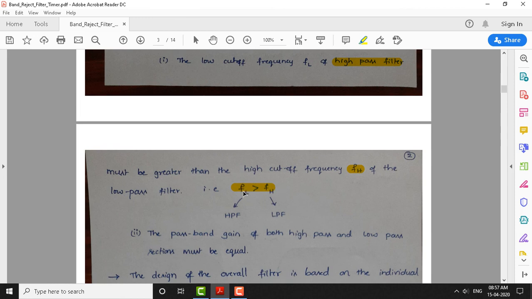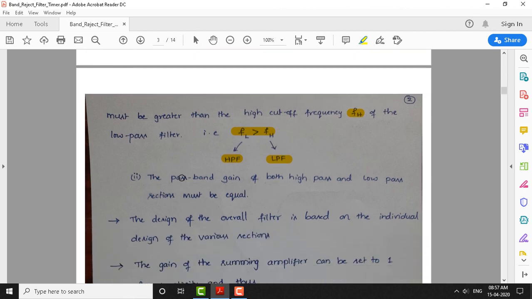We know that FL applies to the high pass filter and FH applies to the low pass filter. That is the first condition to be satisfied for the satisfactory operation of this wide band reject filter.